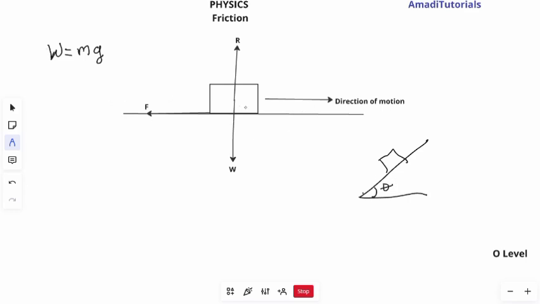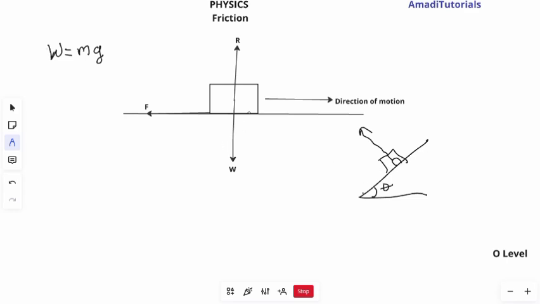So since this thing is horizontal, the reaction force usually acts perpendicular to the surface. Reaction force normally acts perpendicular to the surface of the plane. So like this one that is an incline, if we are to draw the reaction force, this is how we draw it, perpendicular to the surface.